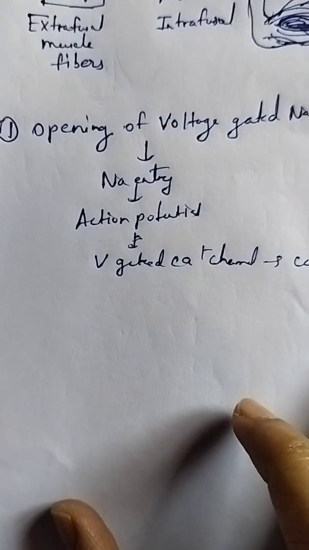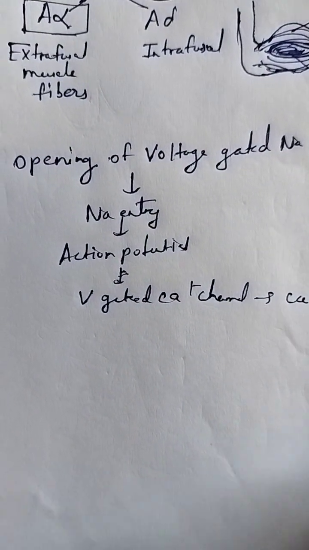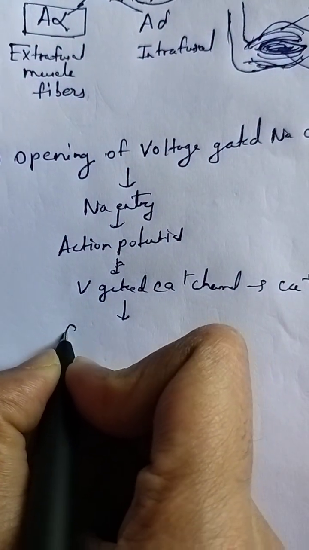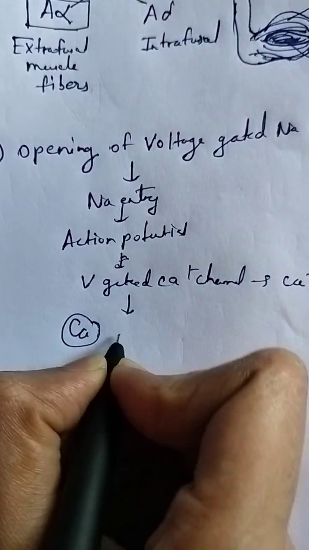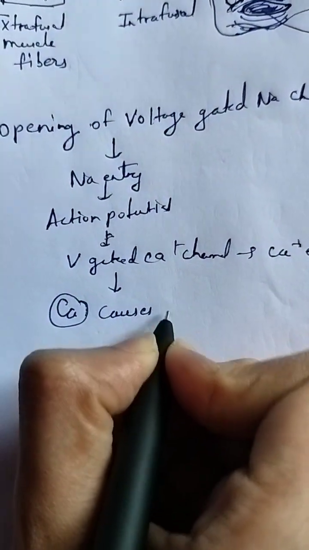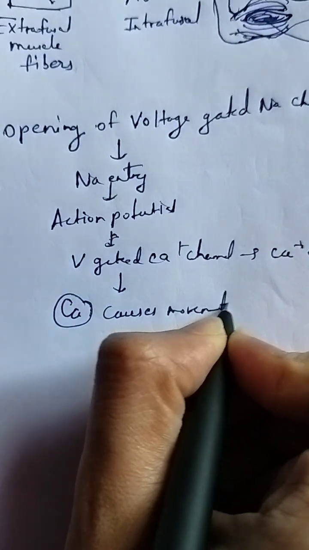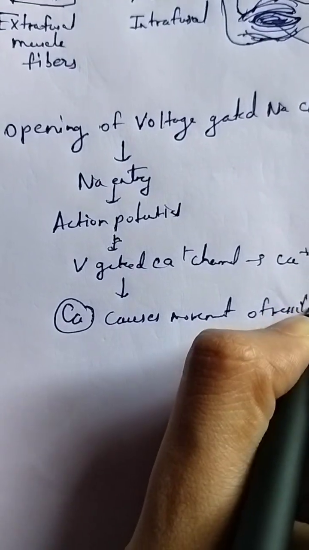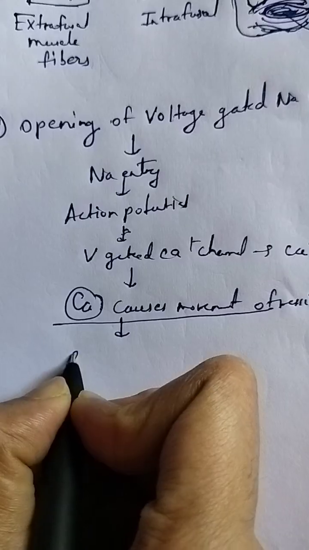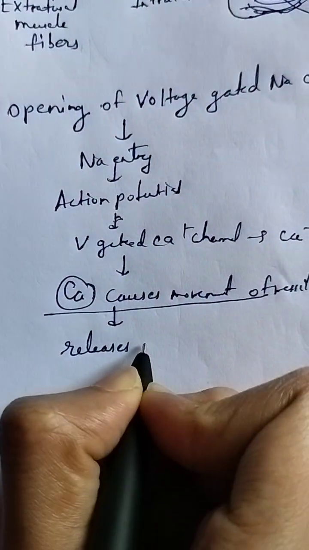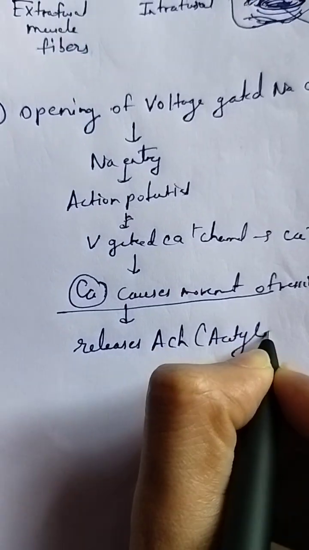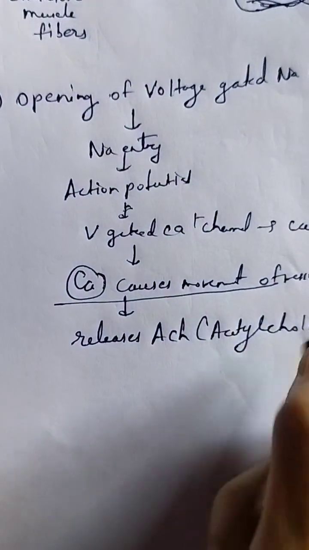Okay, then this calcium causes the movement of the vesicles, and this vesicle movement releases the acetylcholine, which is a neurotransmitter.